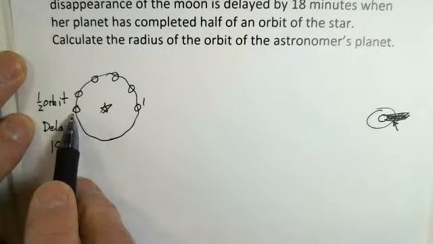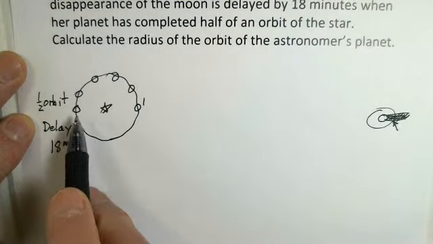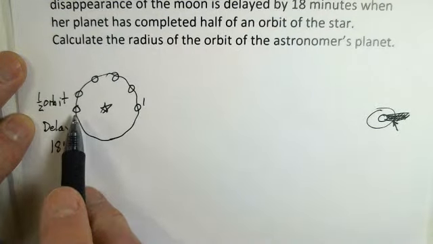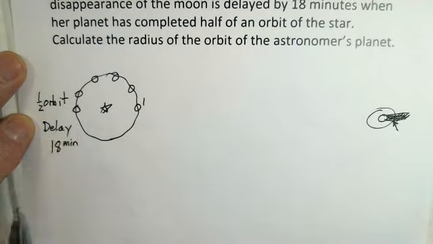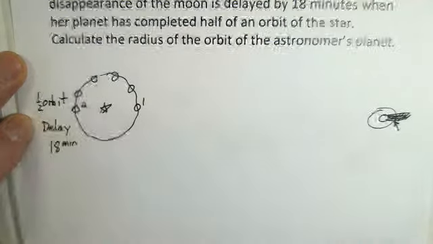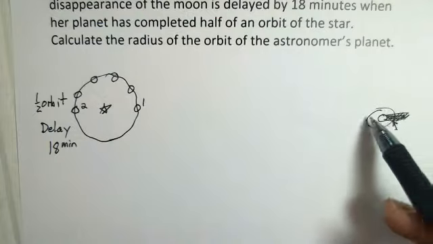When the astronomer on the planet at this position sees this moon disappear, it's 18 minutes later than expected, and there's been a gradual increase in the delay as the planet moves back here to position 2. So what could cause this observation of the delay? Well, the moon here is in a regular orbit.